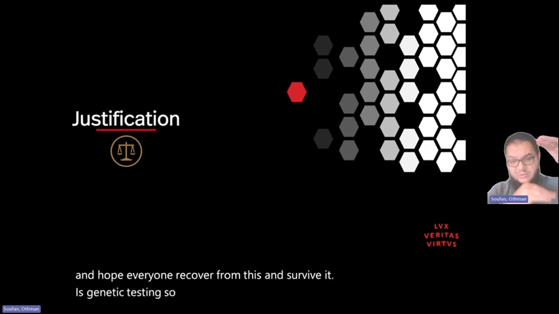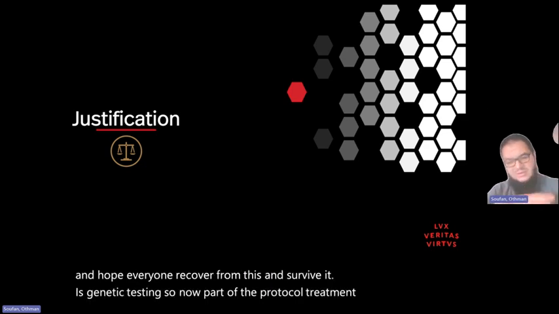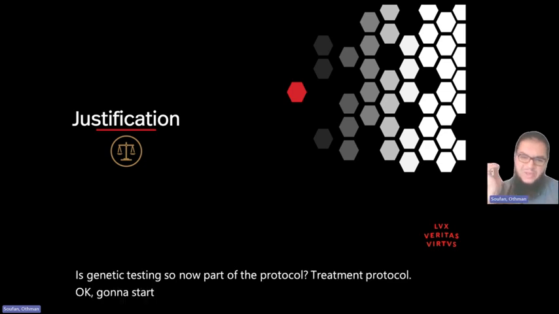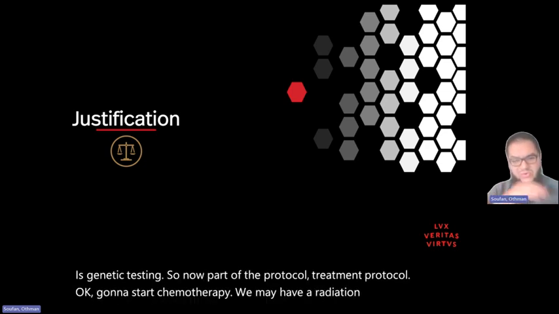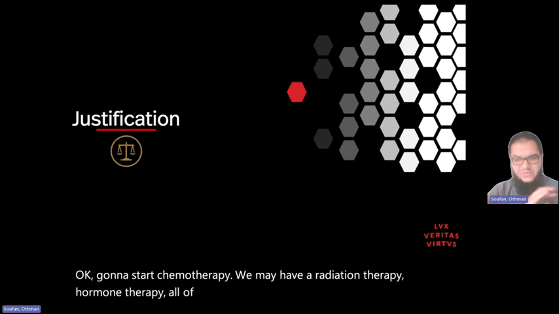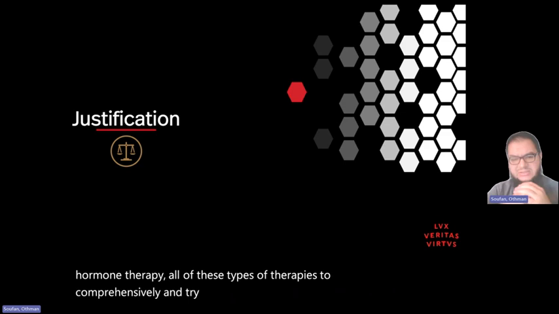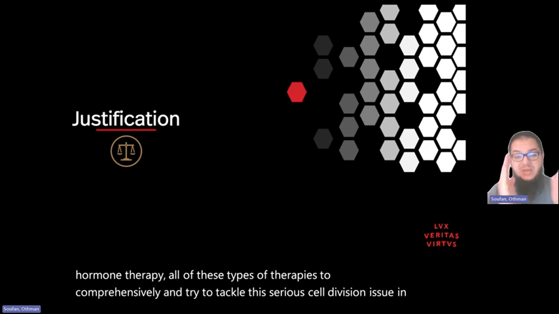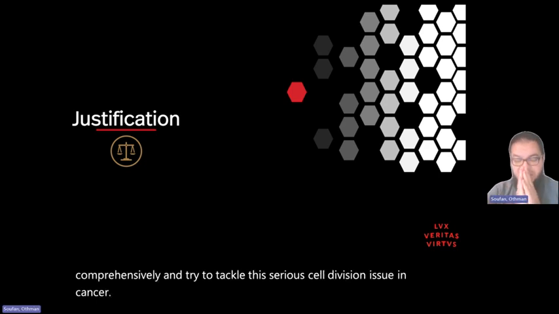So now part of the treatment protocol, okay, we're going to start chemotherapy. We may have radiation therapy, hormone therapy, all of these types of therapies to comprehensively try to tackle this serious cell division issue in cancer. Genetic testing is going to be part of these tests.